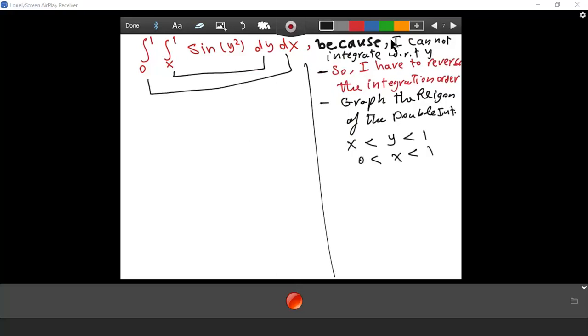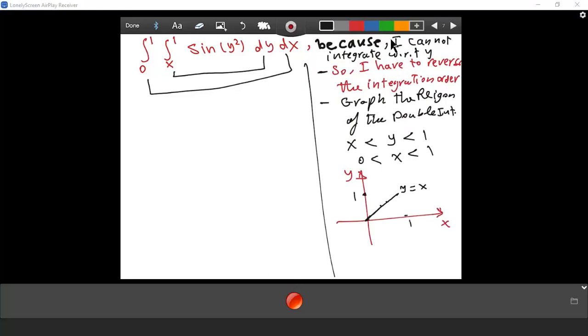So if I would like to sketch this one, x and y, right? And I know y equal to x in this one, right? This is the line y equal to x. So y starts from this line and ends up with 1. So I start from this one to this one, right? And x from 0 to 1.